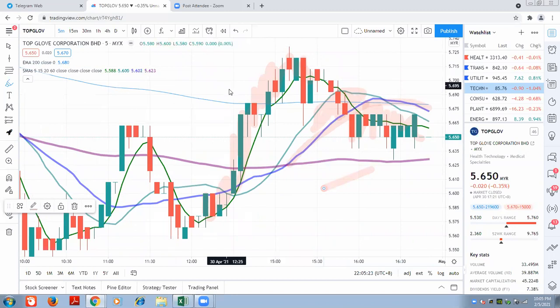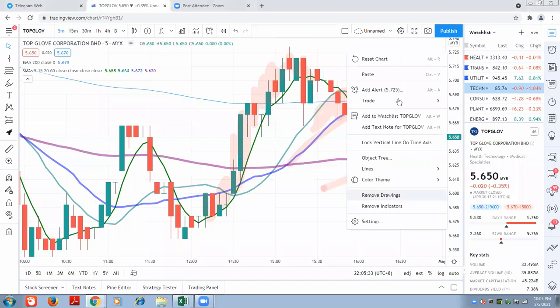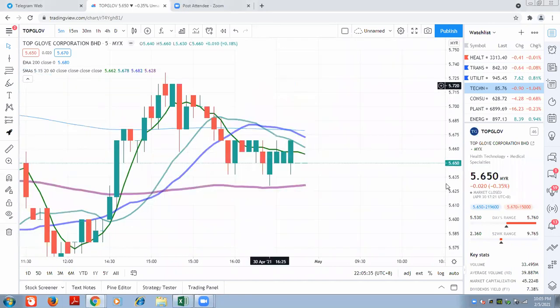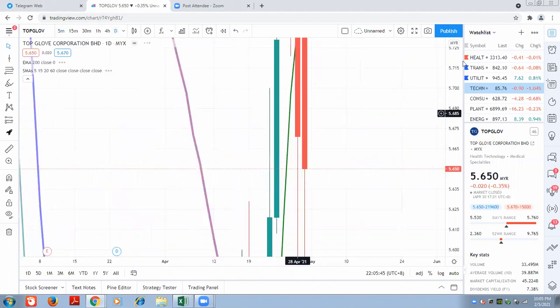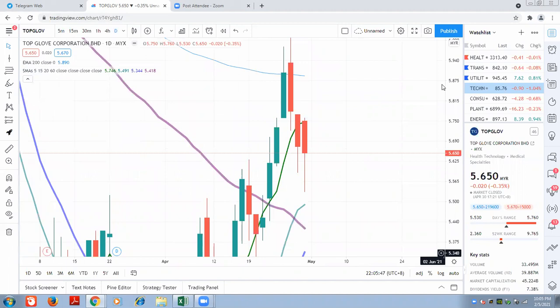Okay, use this free tool to save your money, please. Before you ask other people where to exit, where to enter, please refer to these free tools, based on your time frame. If you are a swing trader, you go to the day chart to monitor the SMA line.